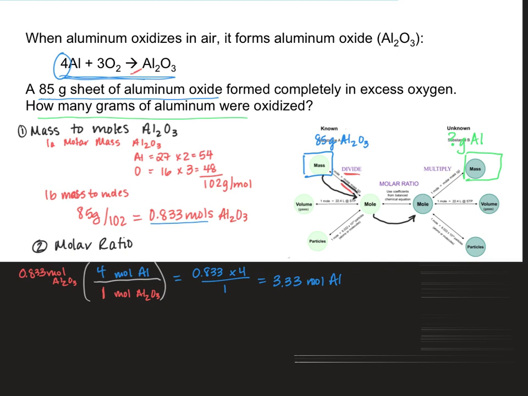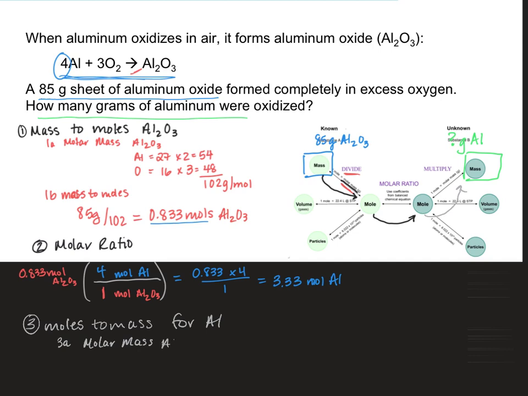Step 3. We are here now. This is going to be moles to mass for aluminum. So 3A, your molar mass of aluminum. This one's nice and easy. All I gotta do is go look it up, and we actually technically already know that.